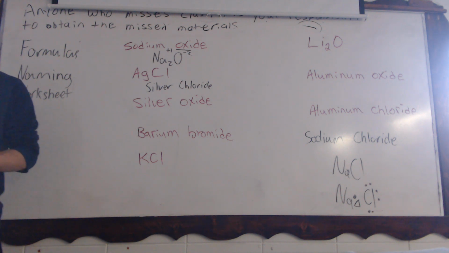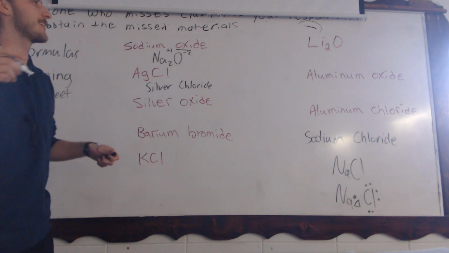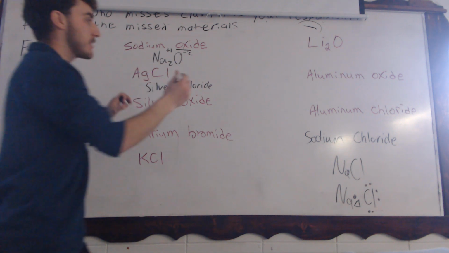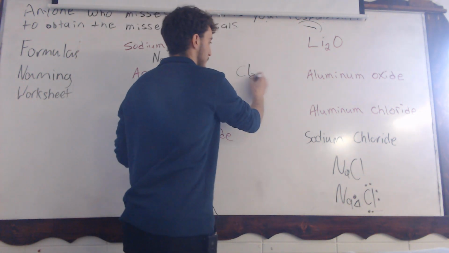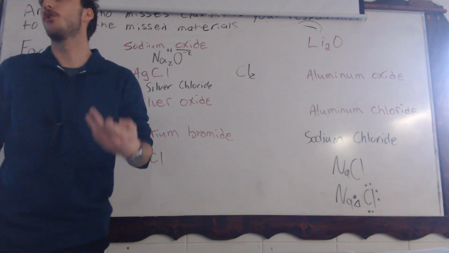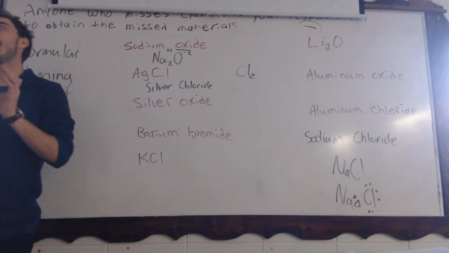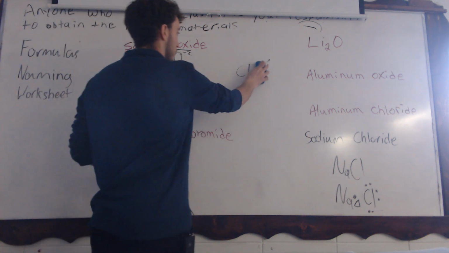Every single time. Not almost every single time. If it's 2 Cls, Cl2, then it's chlorine. Only when it's diatomic is what we call that. Chlorine is more than one.